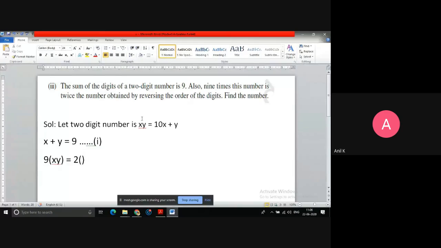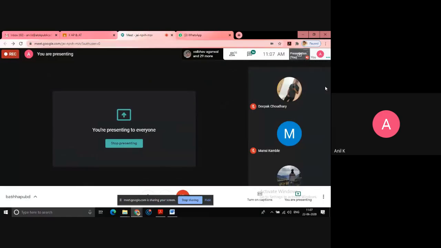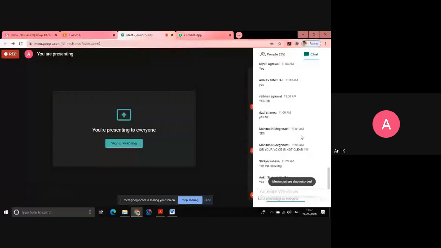Reversing the digits means here x is in the tenth place and y is in the unit place. When I reverse, y will go to the tenth place and x will be in the unit place. So xy will become yx. This is the meaning of reversing the digits. After reversing the digits, it will still be a two-digit number. Up to here, is it clear for everyone?